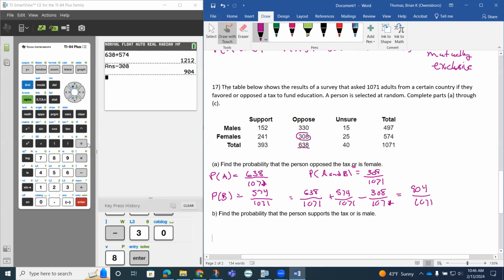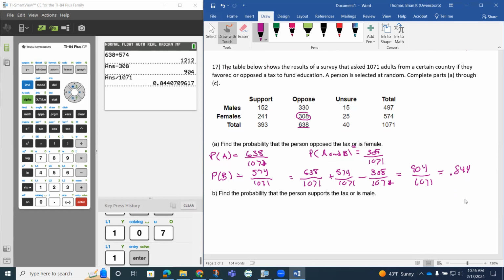If I divide 904 by 1,071, that gives me 0.844. So 84.4% oppose the tax or are female.